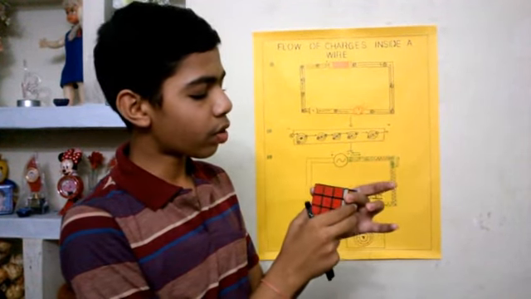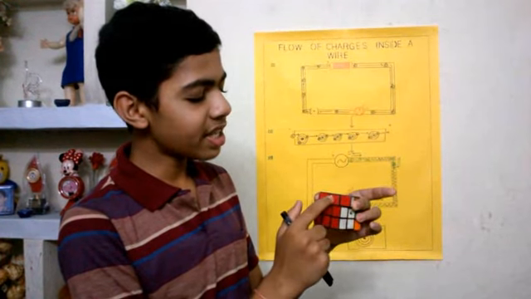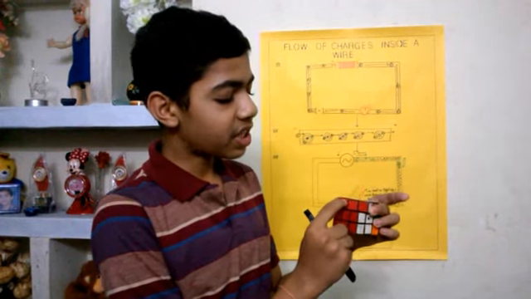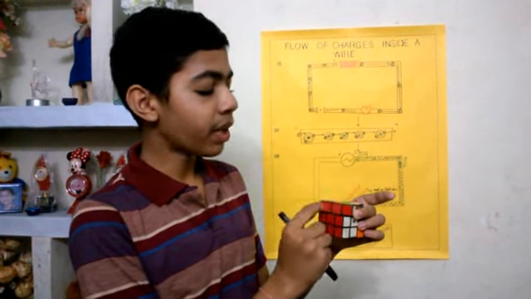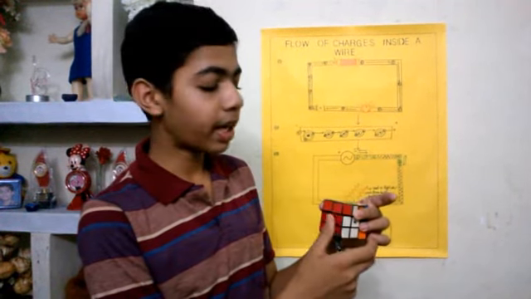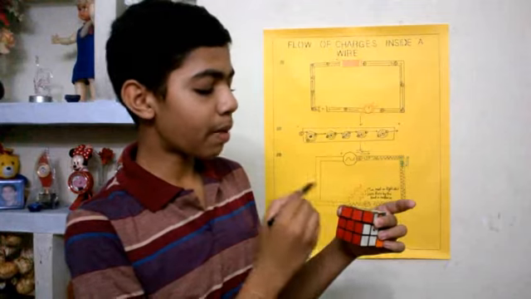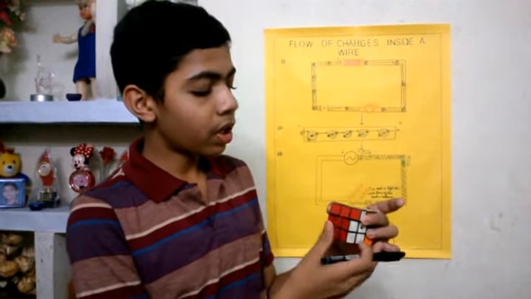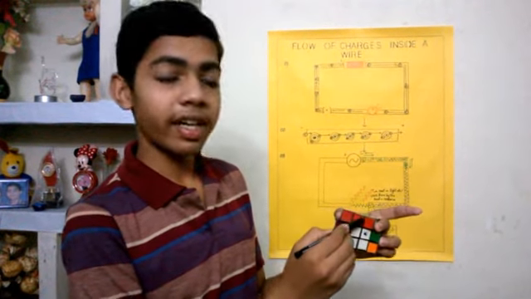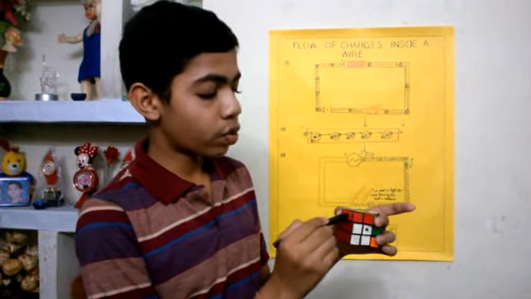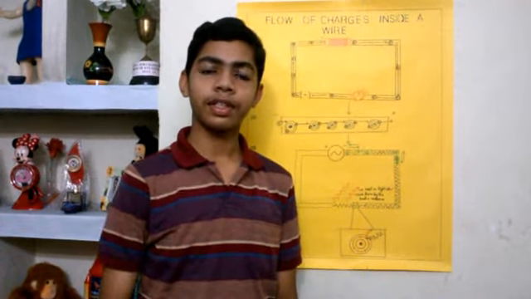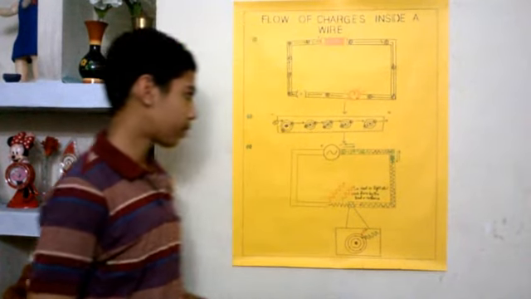So when this electron travels like this, you can see that it also pushes the other two electrons, because these fields are interacting with each other and causing them to repel. So this way these two electrons also get pushed when these electrons are pushed by the negative terminal electrons. So this way we can see that electric fields interact and cause the electrons to move in the direction of the positive terminal. Let's see our third idea and what it is.